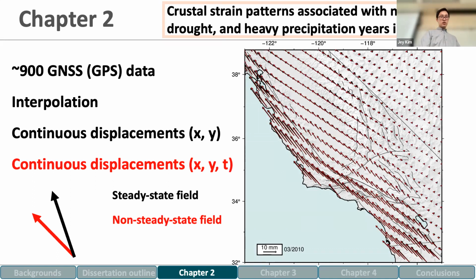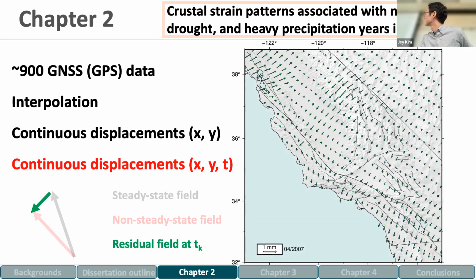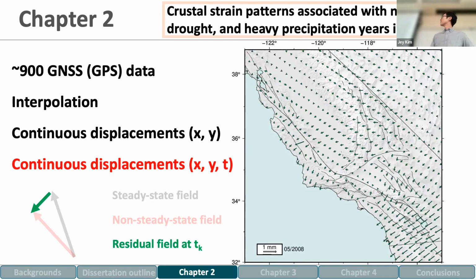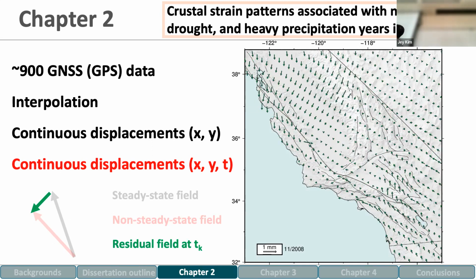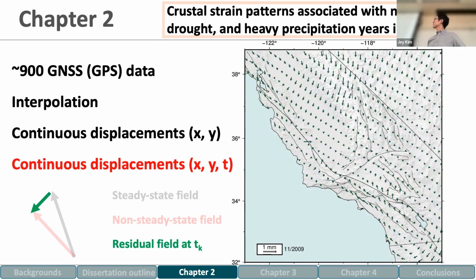And I took the steady state field and subtracted it from the non-steady state field and plotted the residual field to see what it looks like. I rescaled to show you the residual field better. And you can see this. They are oscillating seasonally, moving back and forth. And I want you to focus on this area around latitude 37 north.